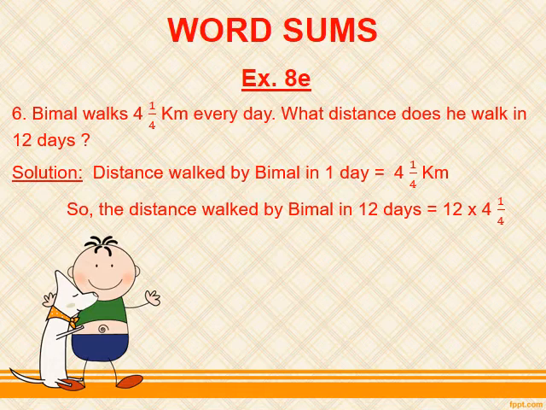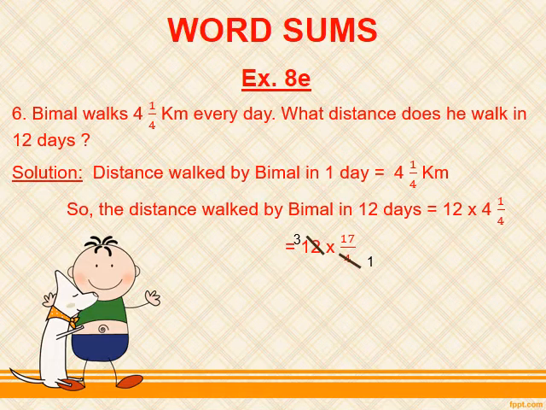And now since 4 1 by 4 is a mixed fraction, we will change it into an improper fraction and it will become 17 by 4. And so we can write 12 multiplied by 4 1 by 4 is equal to 12 multiplied by 17 by 4. Now children, we can divide the numerator 12 and the denominator 4 by common number 4.